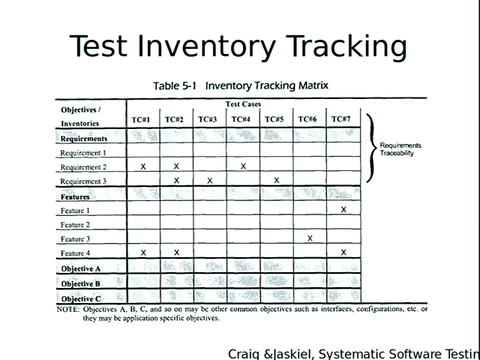Yes, Kurt? Are you going to be putting use case tests on here as well as really specific tests of this little specific piece of code? Right. Would that all go on this matrix? So it wouldn't necessarily go on a single matrix, but you might have one matrix that's high-level tests, testing against requirements and features, and there might be a separate matrix geared towards more module-level or unit tests.